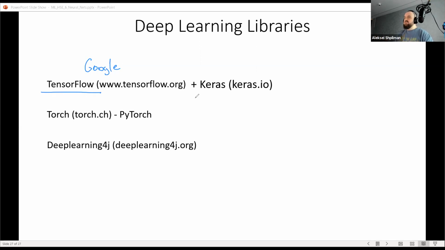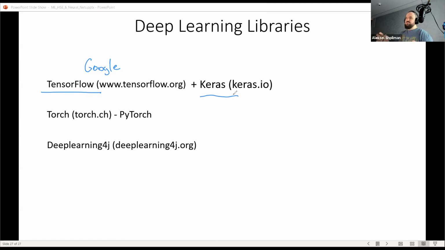So that is why some enthusiasts created the Keras library on top of TensorFlow. It helped to create new architectures and program neural networks in a very easy way. Well, at some point, Google came to their senses and just included Keras into TensorFlow.